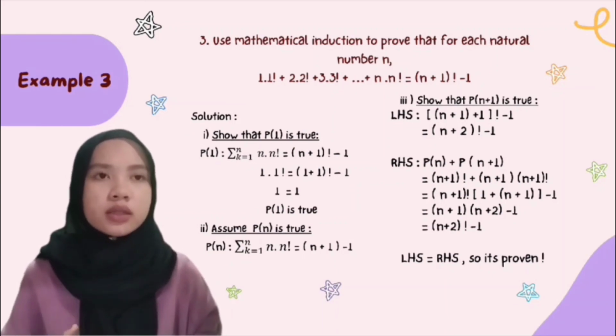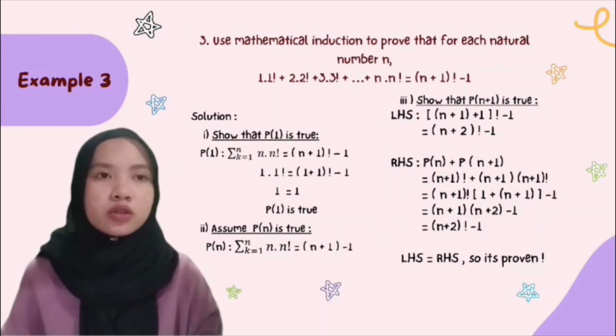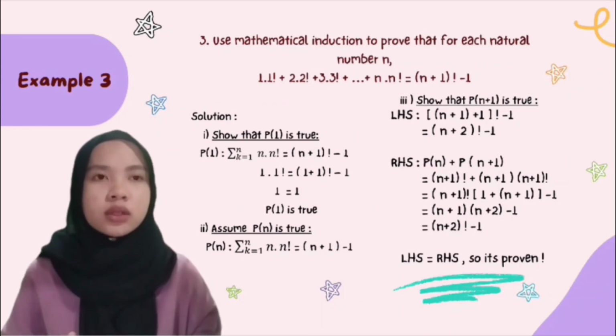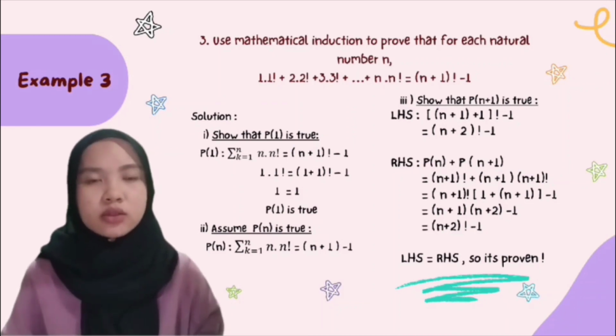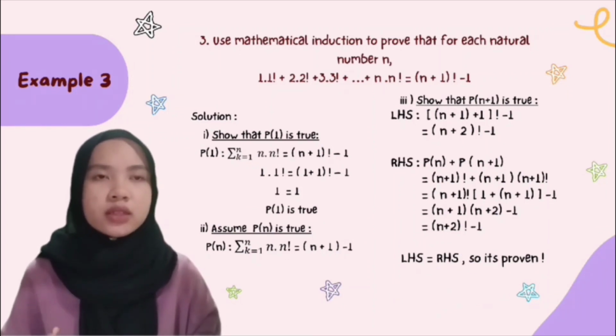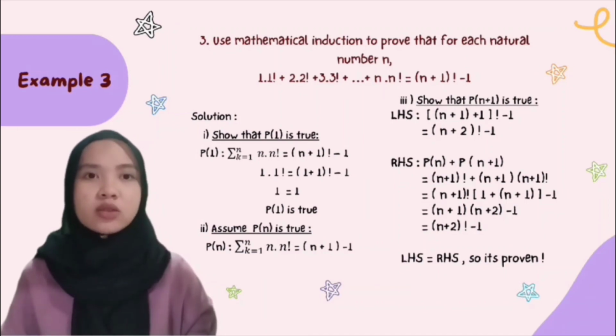For the right hand side, we substitute n plus 1 into Pn plus 1. Then we get the same answer, (n plus 2) factorial minus 1. So the left hand side equals the right hand side, and the statement is proven.